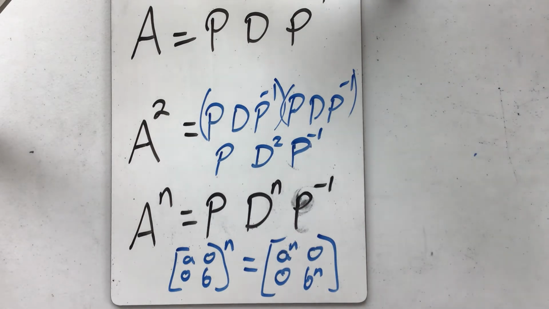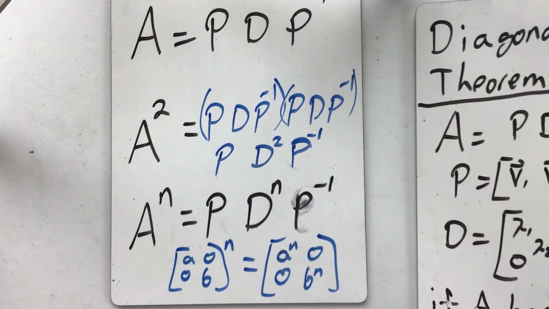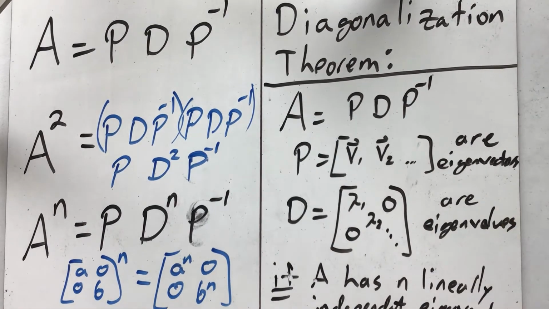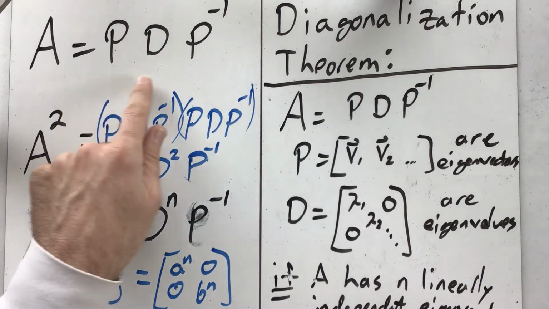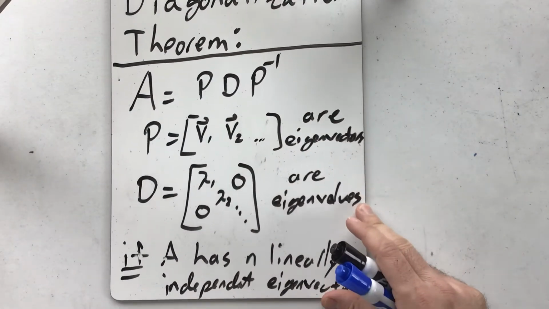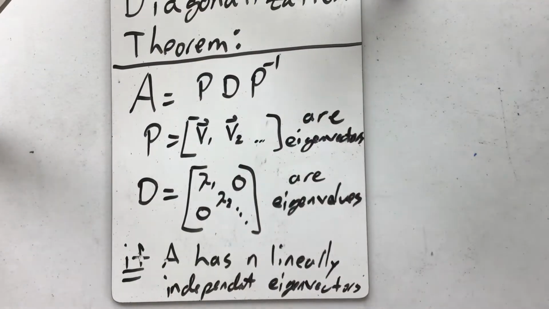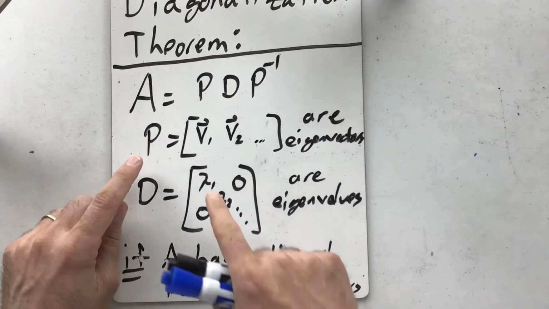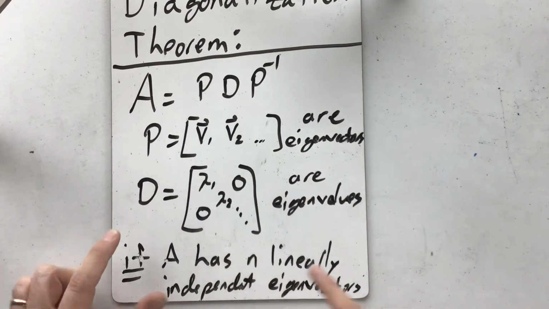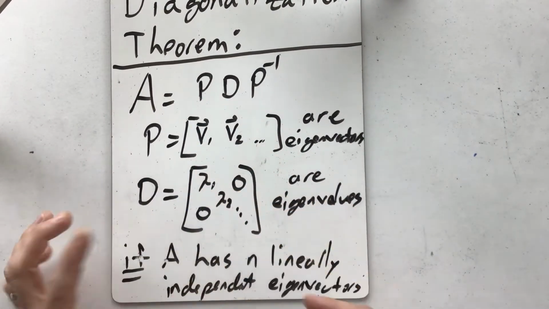And just introduce you to the theorem. In an ideal world, I would try to really convince you why this theorem is true, and I will at a later moment, but for right now, I'm just going to tell it to you. The theorem is called the diagonalization theorem, and it says that our matrix A is equal to PDP inverse, where the P matrix is made up of the eigenvectors of your matrix, and D is made up of your eigenvalues.